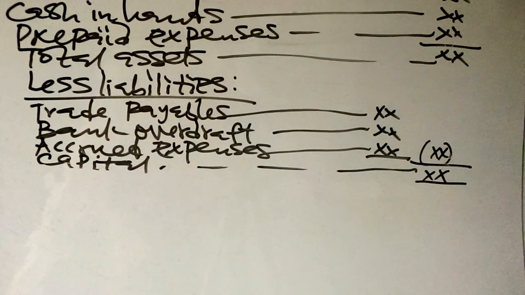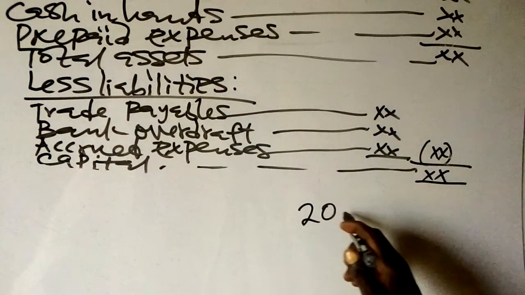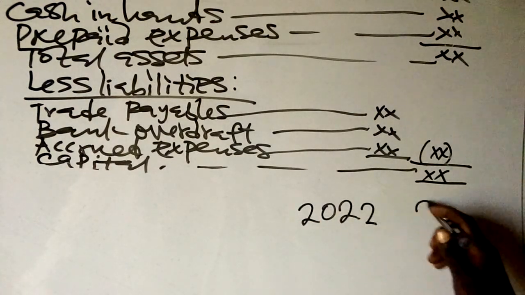Before proceeding to the third step, I want to explain what opening entry and closing entry mean. In some questions, you may be given 2022 and 2023.